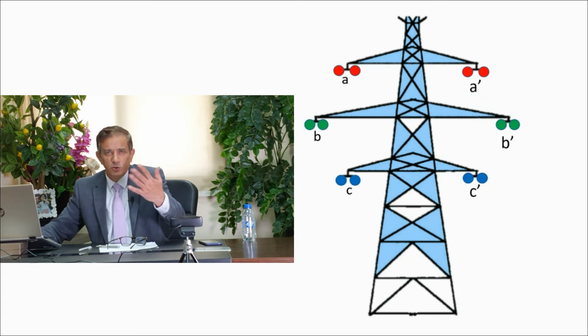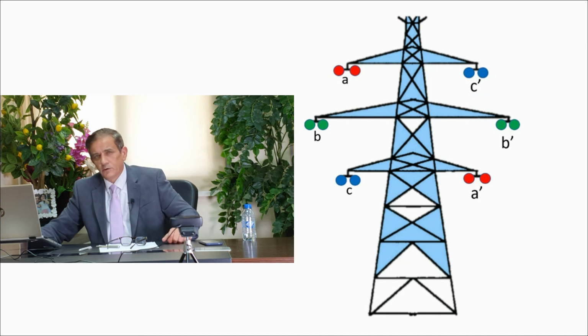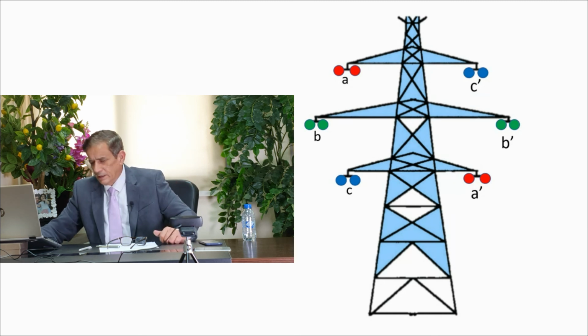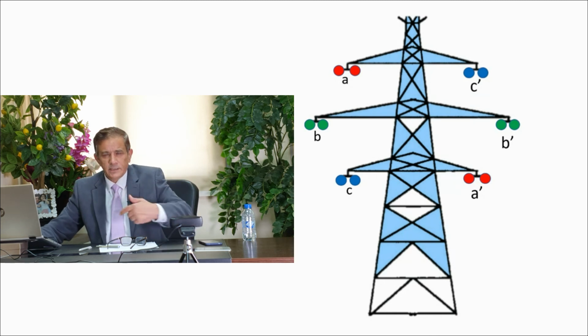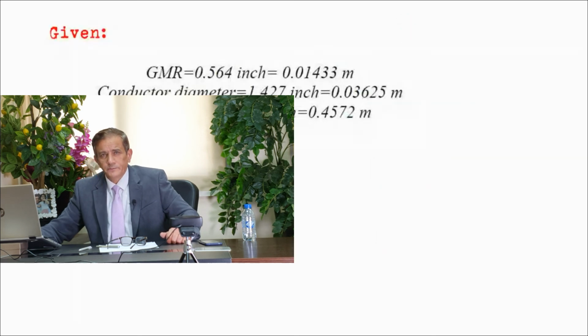For A dash, I will be using different spacing now. So it's only mathematical understanding of the geometrical distribution of the conductors. Since I have A on the left on the top, and at the bottom, now the distance is 17.5, 17.9 between them.